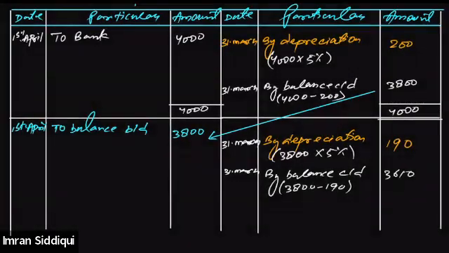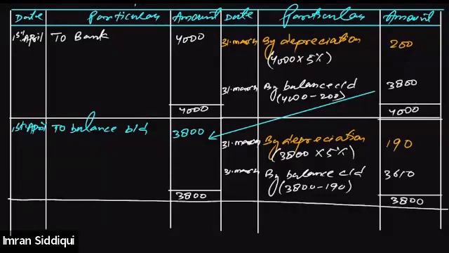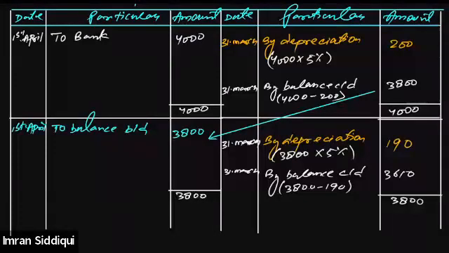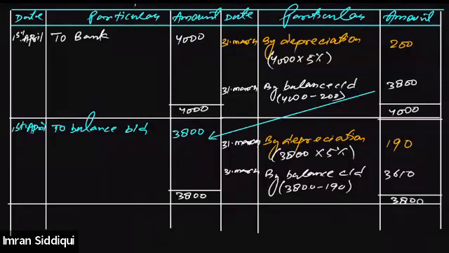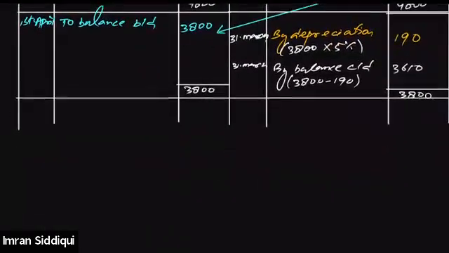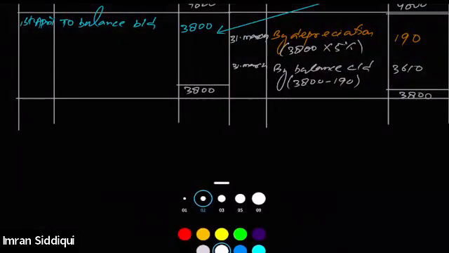And now we will close this account by totaling both sides. So with 3800 and 3800. Got it? Is this clear, everybody? This is the account for the next, for the 2 years.